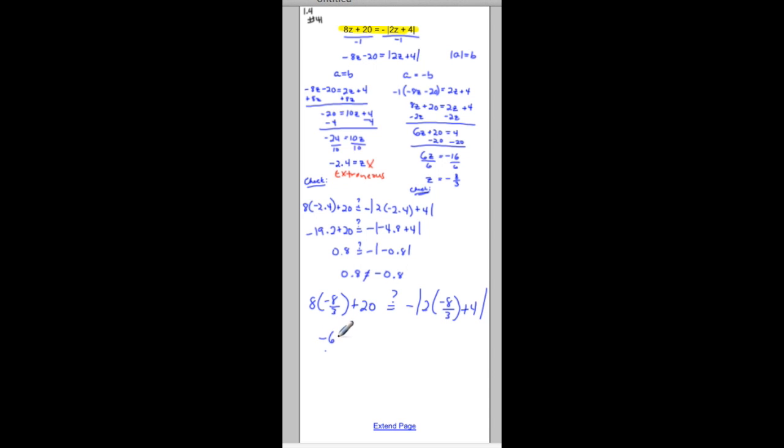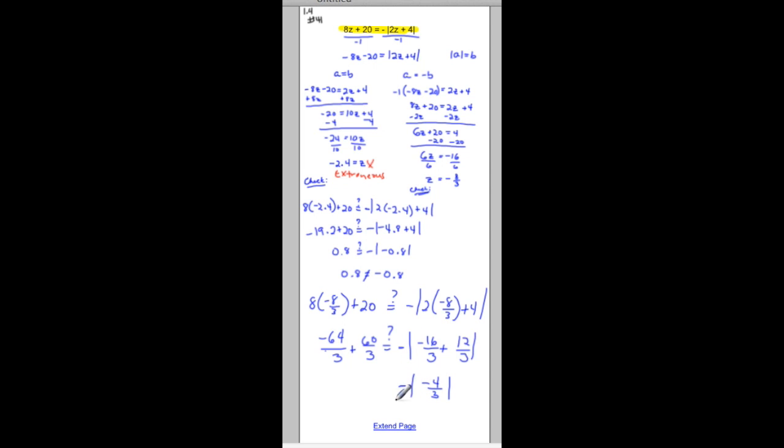I'm going to call that negative 64/3, just multiplying the numerators, plus if I multiply numerator and denominator by 3 to make those thirds, that would be 60/3. So that may or may not be equal to negative the absolute value of negative 16/3 plus, if I make 4 into thirds, I'd need to multiply it by 3, so that would be 12/3. So that is the absolute value of negative 4/3.